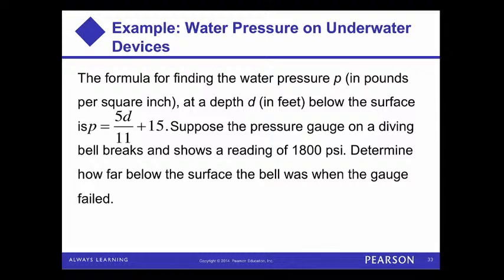I'm going to use the space that I have. So we have P versus D. What I'm going to do first is switch the P and the D. I guess we should give ourselves some space, so let me start by getting a copy of the original. We have P equals 5D over 11 plus 15.